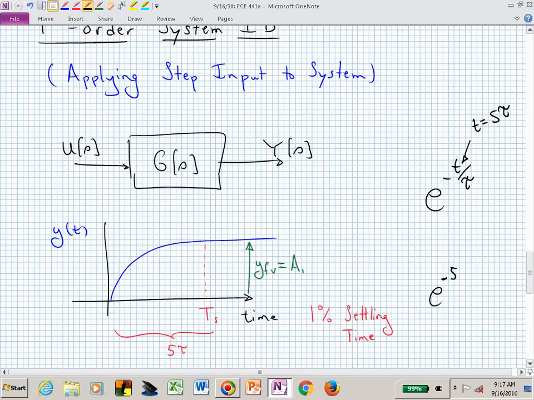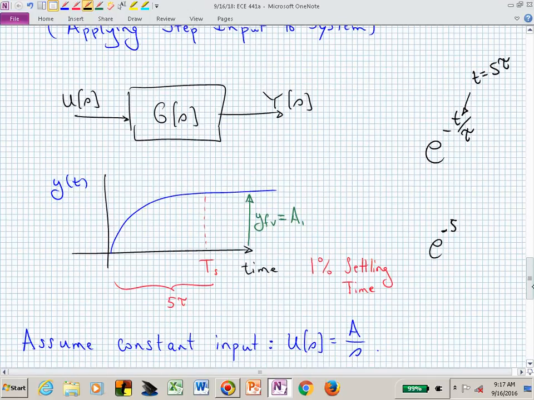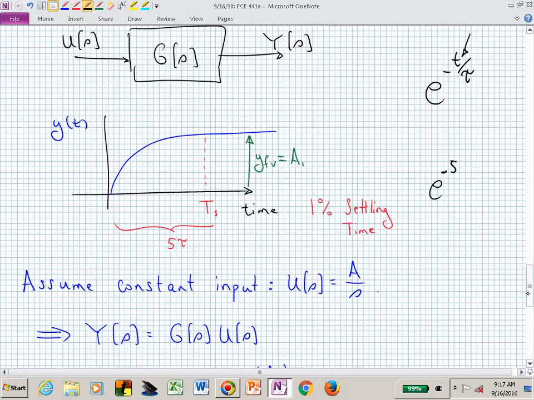And we can also measure the final value that we approach, and we've been calling that A sub 1. Now we're returning to what we had started with last time. We want to identify capital G of S, our transfer function for a first order system.